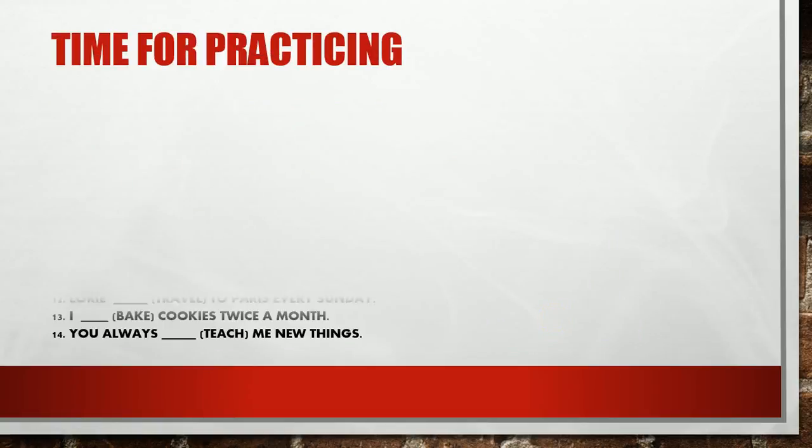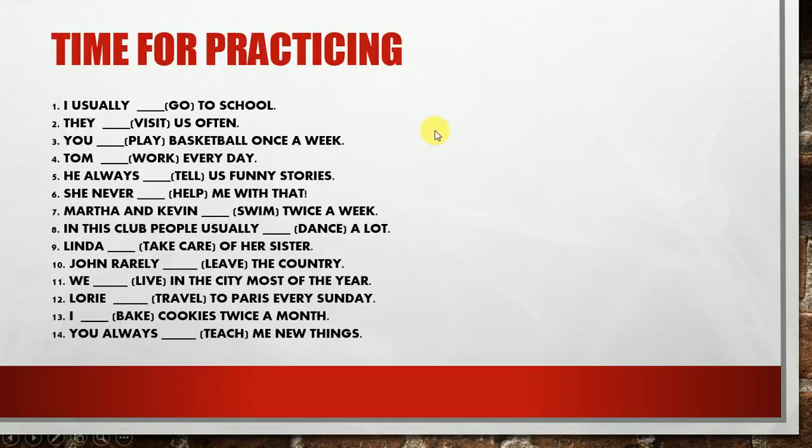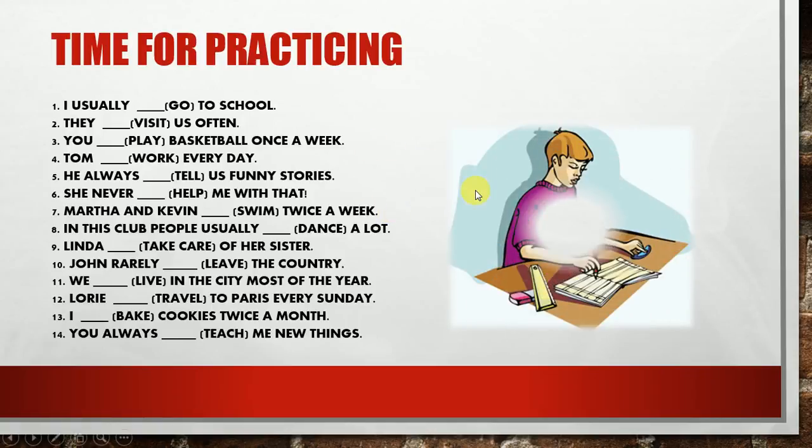Now it's time for practicing. In this part of the lesson, I am going to ask my students to develop these sentences in an affirmative way, in a negative way, in an interrogative way, with short answers in a positive way, and with short answers in a negative way, in order to make a very thorough practice in the class.